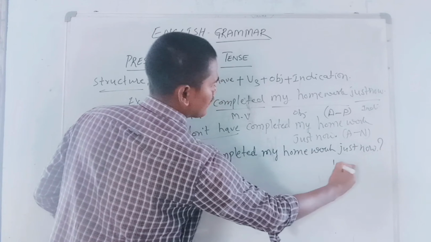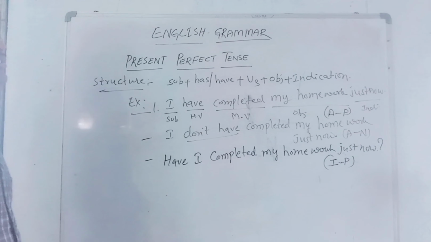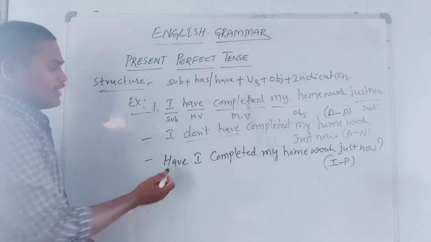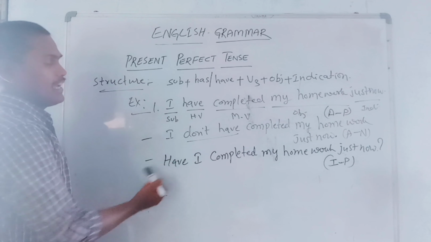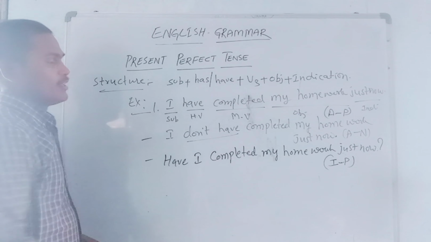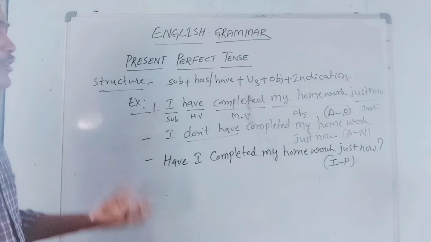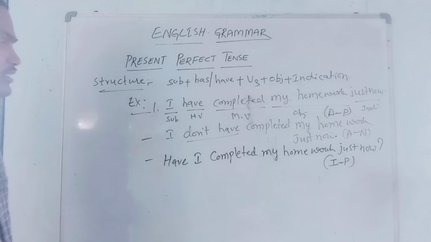It is an interrogative positive statement. Look, dear students, here I started the interrogative sentence with the helping verb. So here I have written have before the subject. When we write the helping verb before the subject, that becomes interrogative. Of course we know that rule very well.